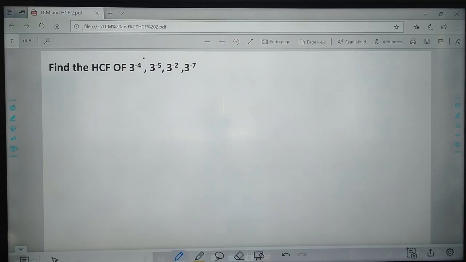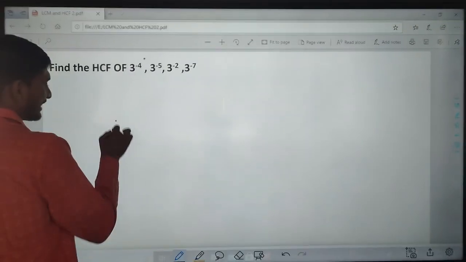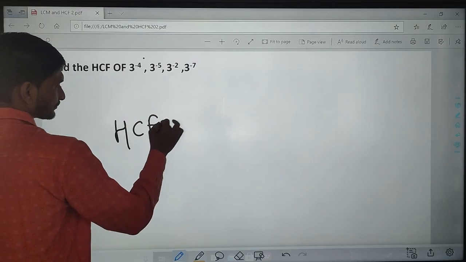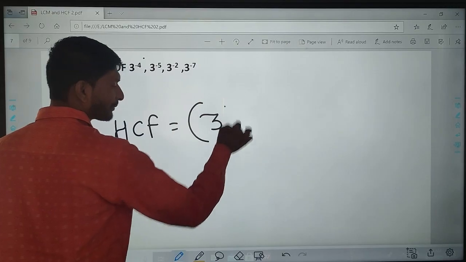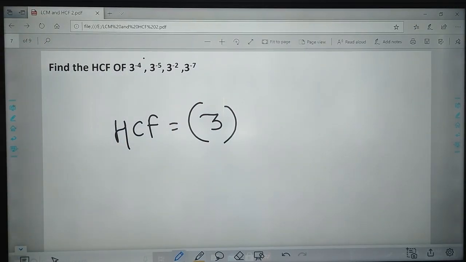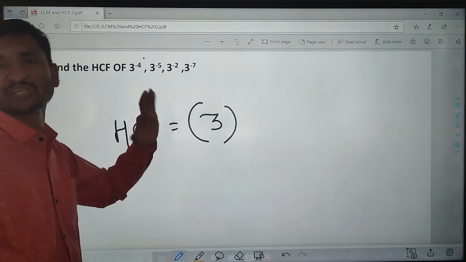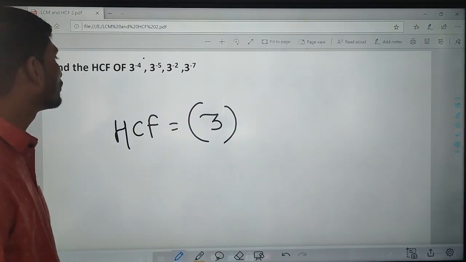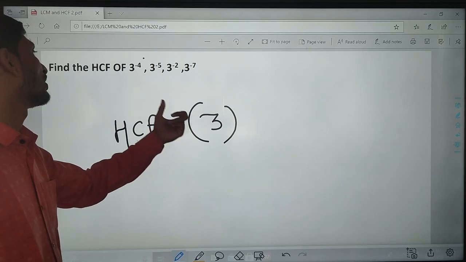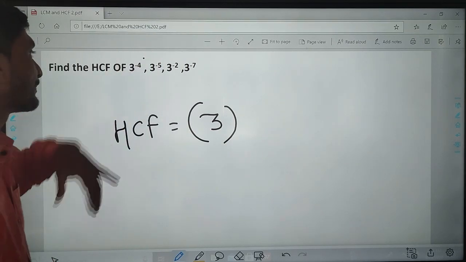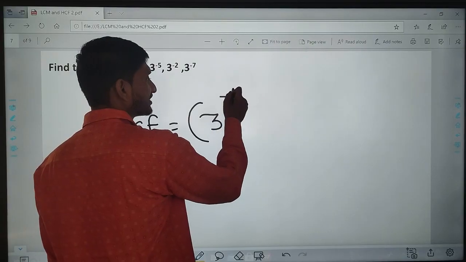Find the HCF of the numbers 3 raised to minus 4, 3 raised to minus 5, 3 raised to minus 2, 3 raised to minus 7. Same here for HCF, your base is 3. The degrees of these 4 are negative. Then for HCF we take the higher power, that is minus 7.